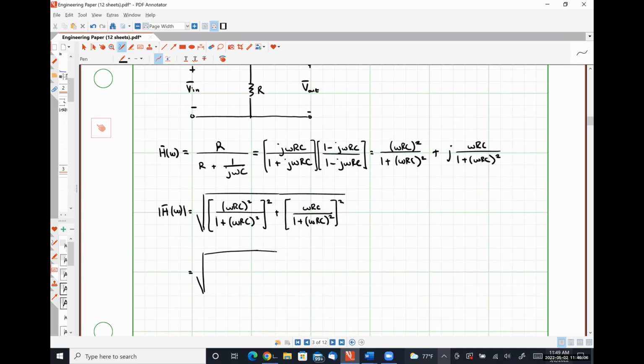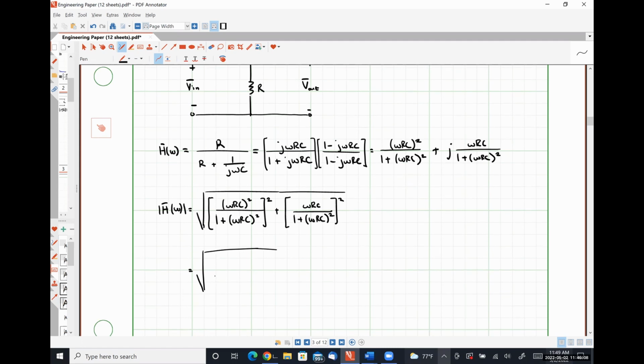And now we do some simplification here, right? So just as like last time, we are going to have a factor of 1 plus omega RC quantity squared in our denominator, since we had the same denominator for each of our terms, squared. In the numerator, I'm going to have omega RC quantity to the 4th power plus omega RC quantity to the 2nd power.